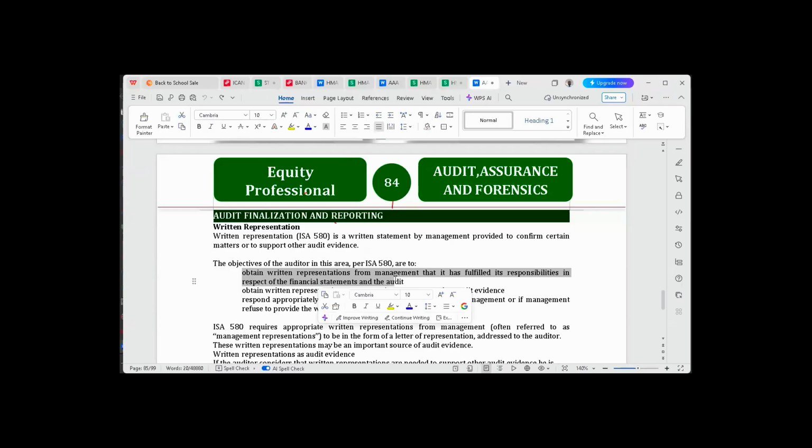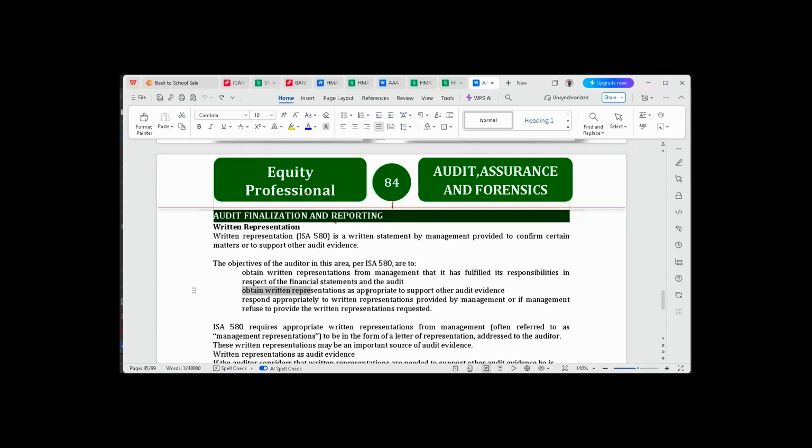Once the management presents that information, that this is the reason we cannot give you this information, it's a sensitive matter, that will form part of the evidence to show that I've asked this question. In future, if any issue arises, the auditor will not be held responsible because he has done his best, and this was the response he got from the client, okay?